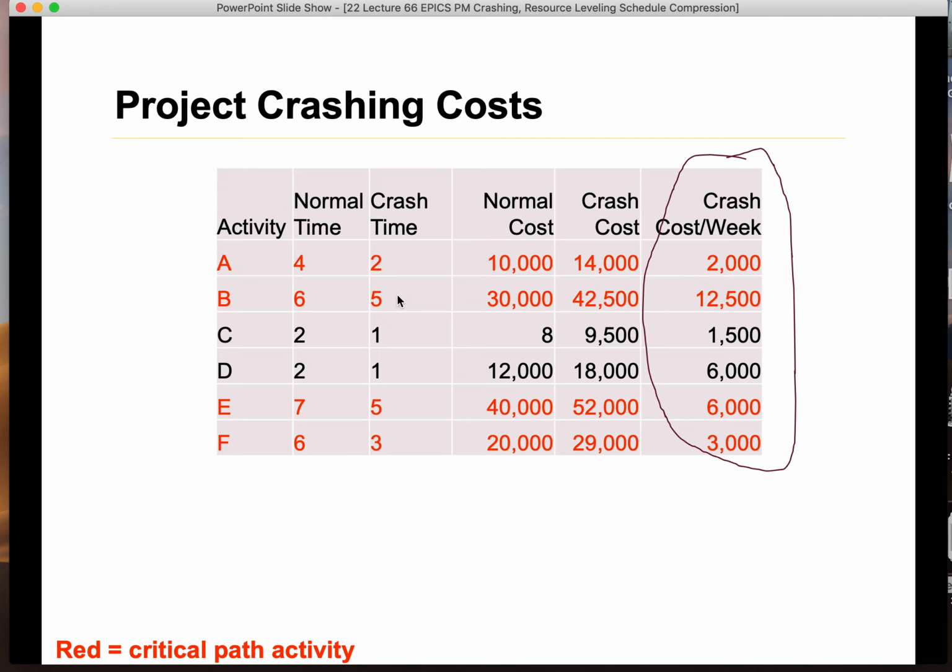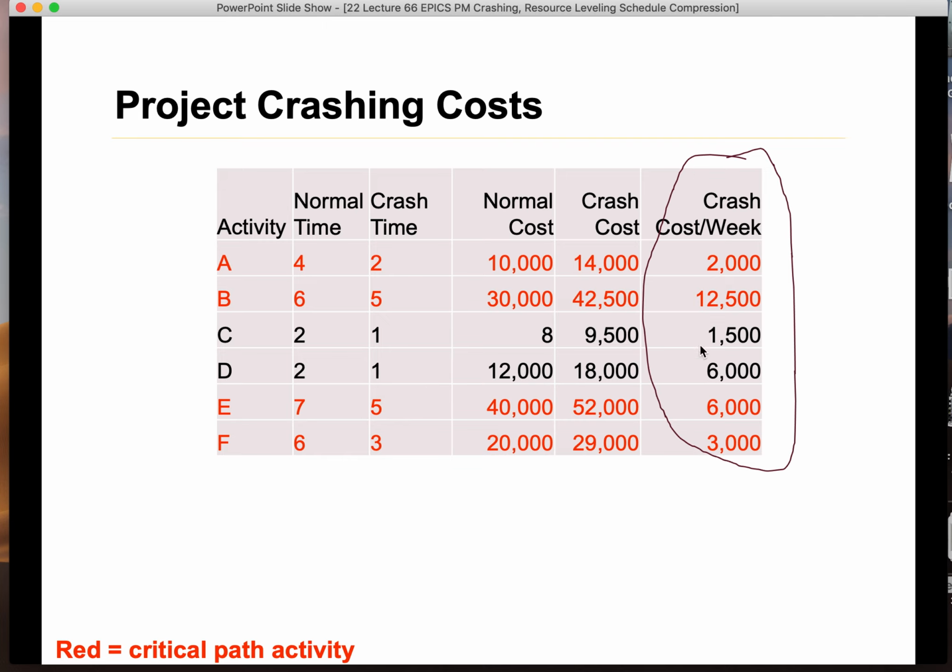I am crashing activity B by 1 week, so I'm shortening it by 1 week, and it costs me from 30,000 to 42,500. Then my crash cost per week is crash cost minus normal cost divided by the crash weeks, which is 12,500. So now you do this for E and F.